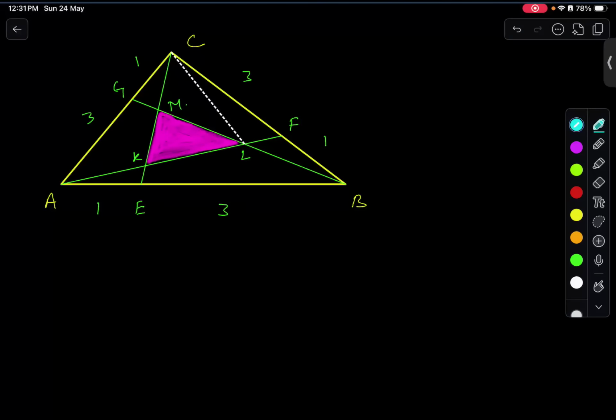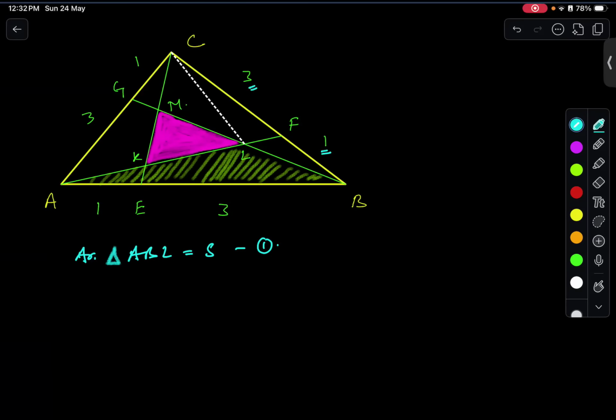You have to see this very carefully now. Let's suppose the area of triangle ABL is S. This is S and this divides in the ratio 1:3.